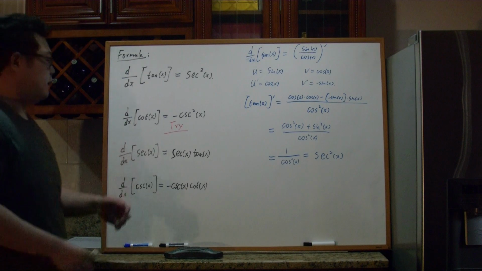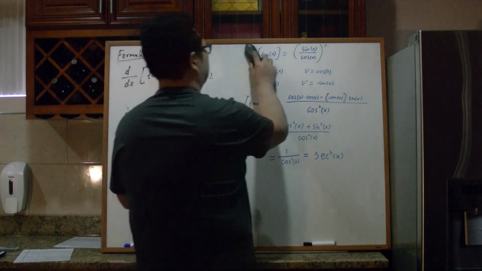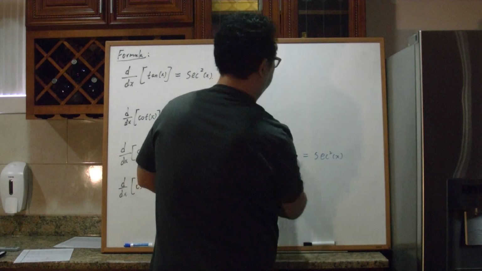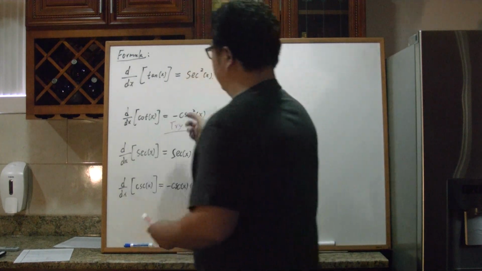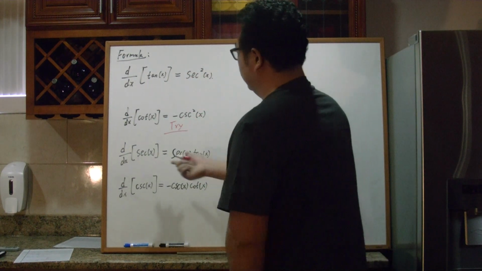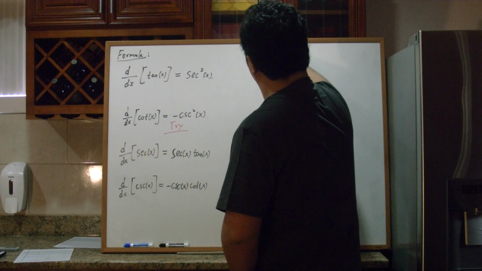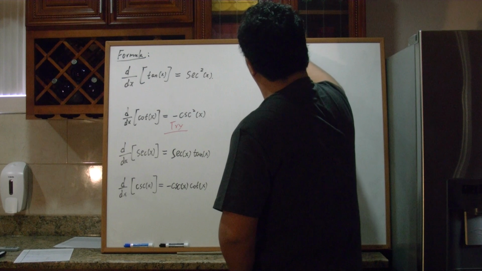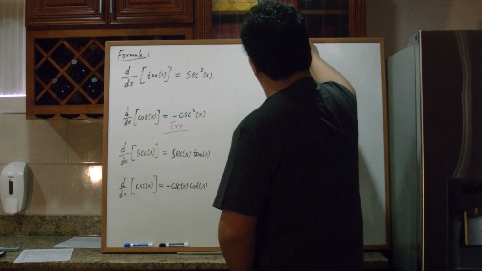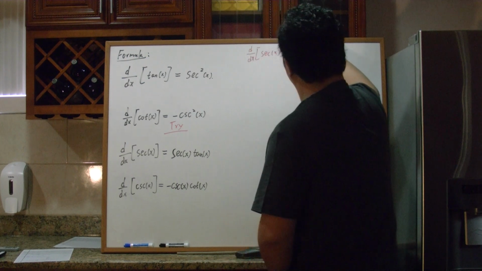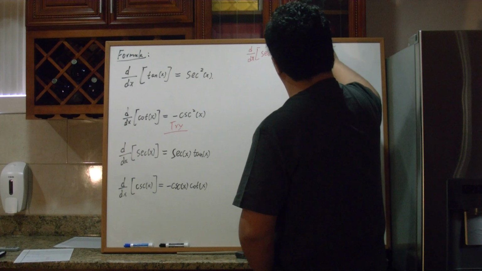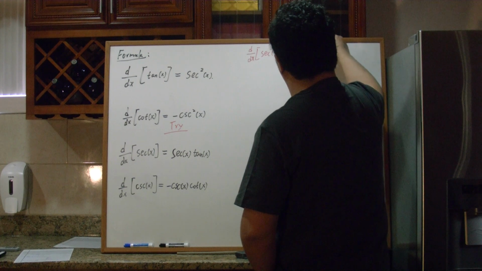And then that's the tangent. I try the cotangent. And then for the secant, secant is basically 1 over cosine.